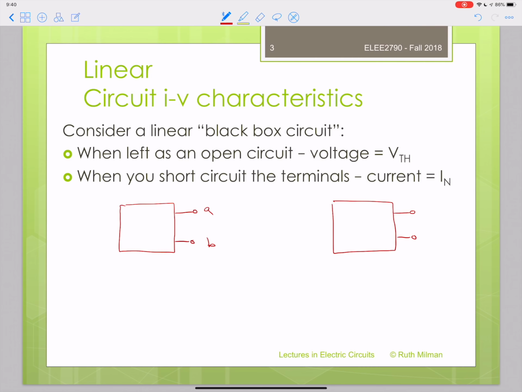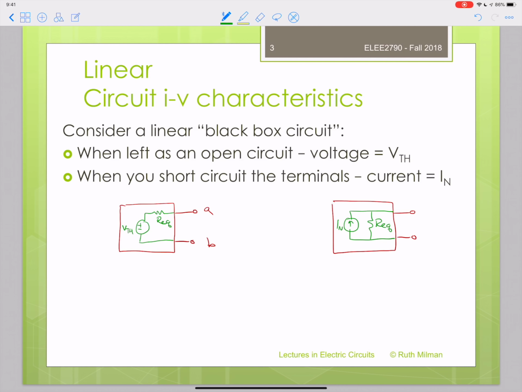For absolutely every linear circuit, we can identify what's inside this black box simply by giving an equivalent circuit, either a Thevenin equivalent circuit, which has a resistor and a Thevenin voltage, or a Norton equivalent circuit, which has a current source and the same equivalent resistor.